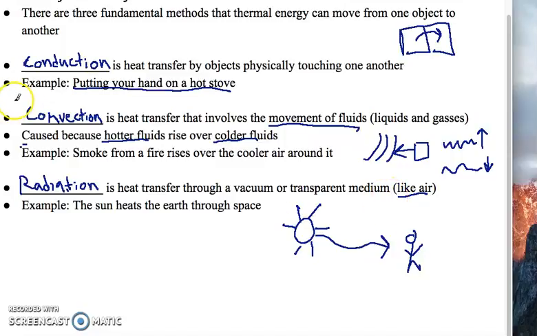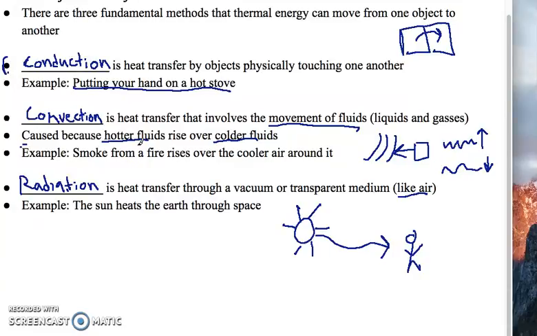Again, radiation doesn't necessarily need to go through something. Like convection needs to go through a fluid, conduction needs to go through a solid usually. Radiation does not. It could really go through most things. So those are the three methods of heat transfer.